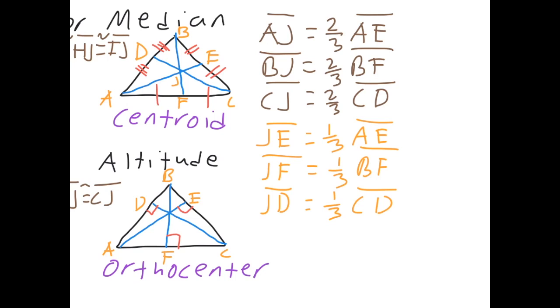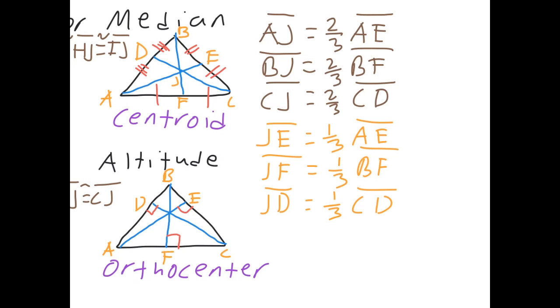Now that we know those two things, well, we can conclude one more thing. If AJ is 2/3 of the whole thing, and JE is 1/3 of the whole thing, well, 2/3 is twice 1/3, right? So that means AJ is twice JE. So it's double the length.